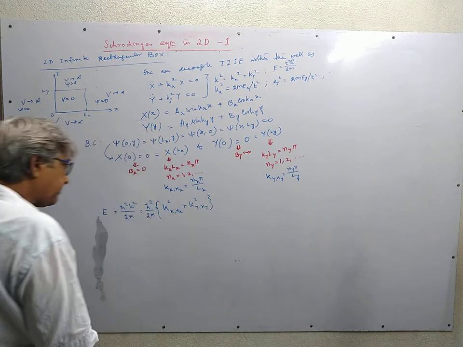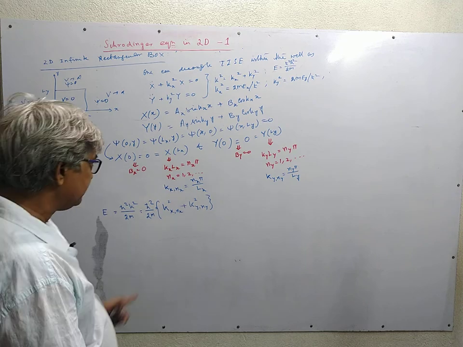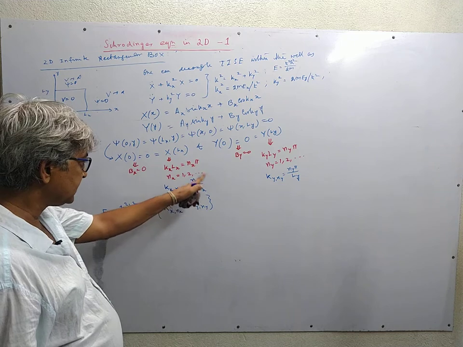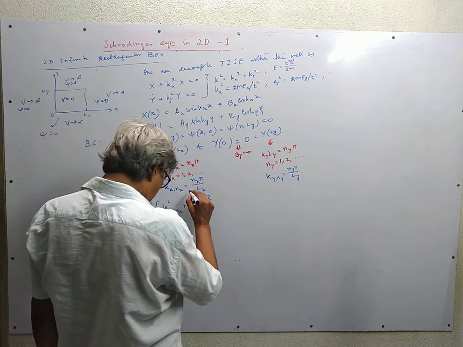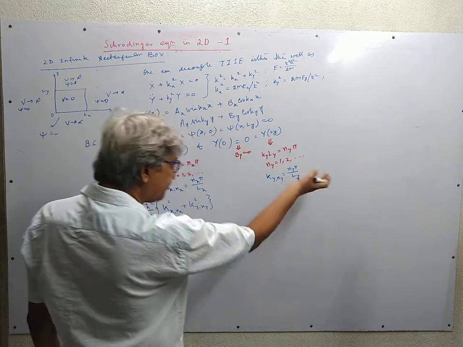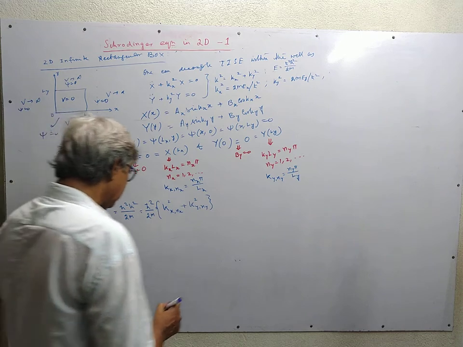So we see that for a particle in a 2D well, the momentum is quantized. The momentum values can be taken as integral multiples of the quantization unit of k, which is pi by Lx and pi by Ly. If we multiply this by h-bar, we will get the corresponding momenta.